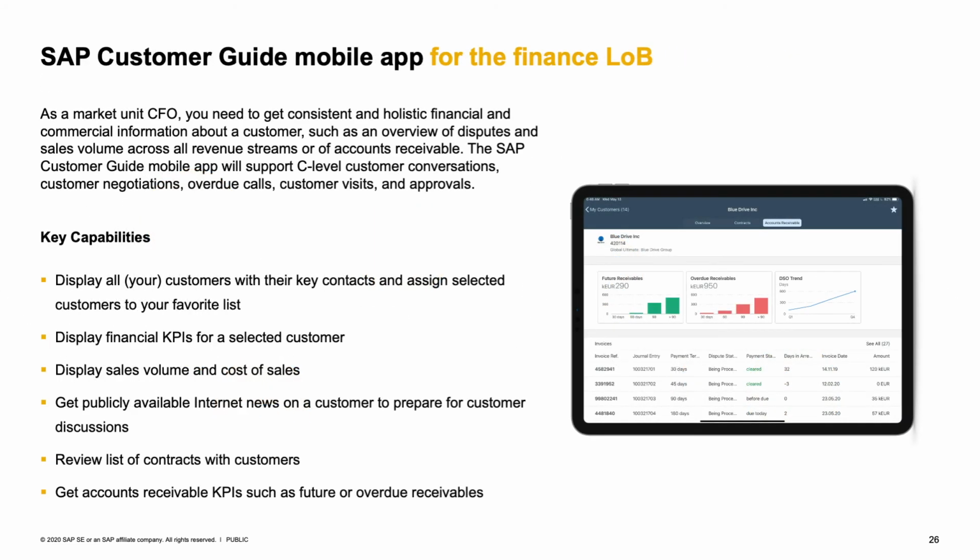So the first one is exactly such an application. That's the SAP Customer Guide. That one is built for finance directors, CFO type of personas in a finance LOB. That persona, again, is equipped with a full-blown web experience that you have on the desktop with any kind of business transaction provided. But still, such a persona is moving away from the desk.